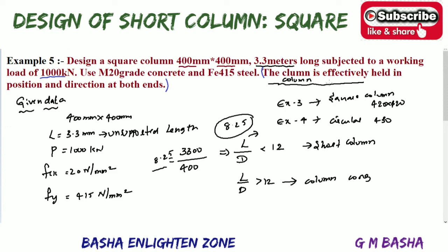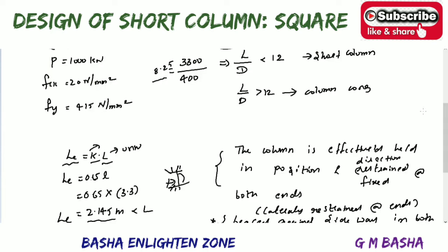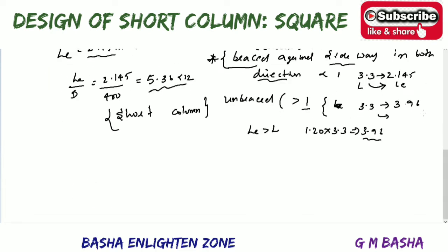Again, what is mentioned in the question? Here, subjected to a working load. They mention that the column is subjected to a working load, and here we don't know exactly whether the column is eccentrically loaded or axially loaded. If you want to know that, we have to find the condition e minimum by D less than or equal to 0.05.